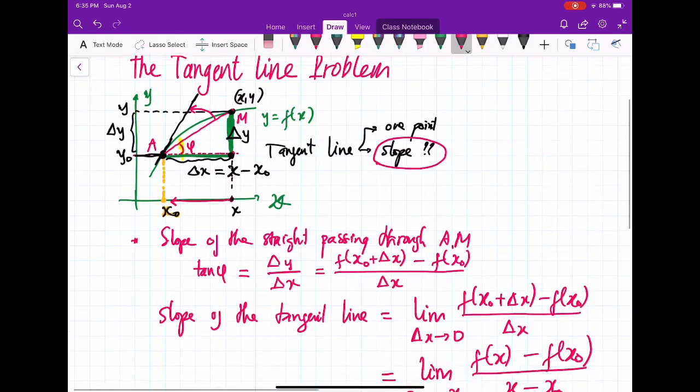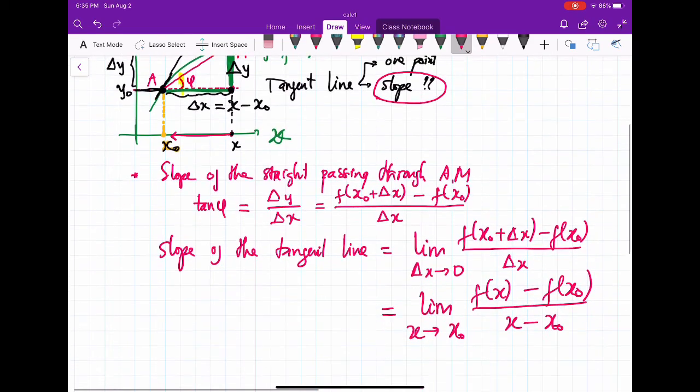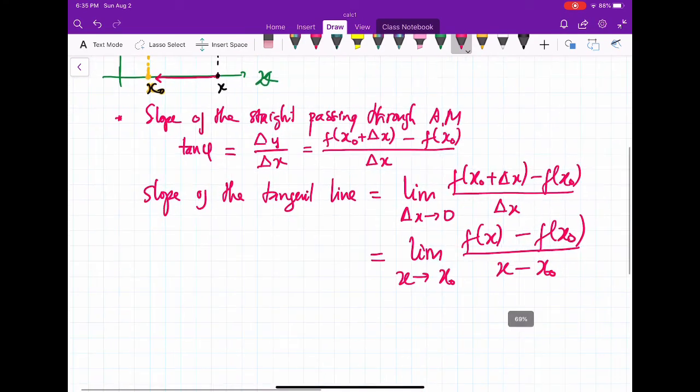So now we see that we need to consider some limit, right?